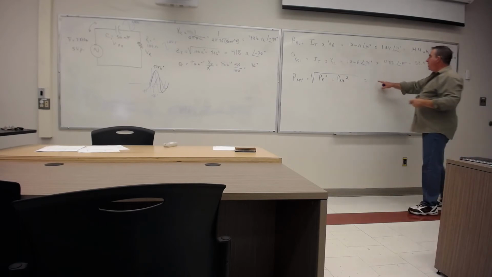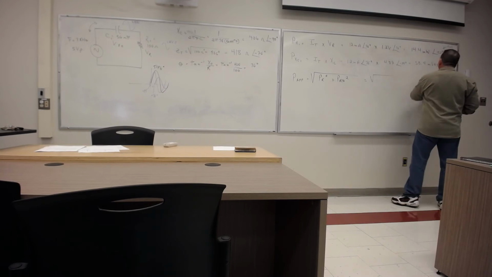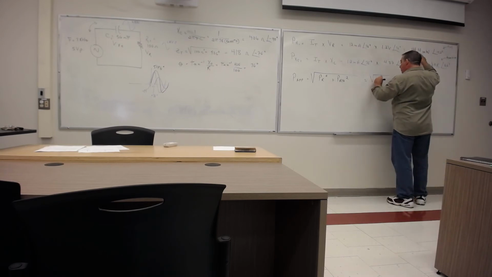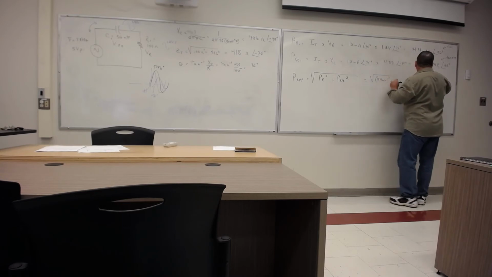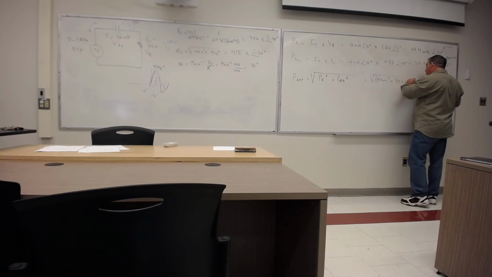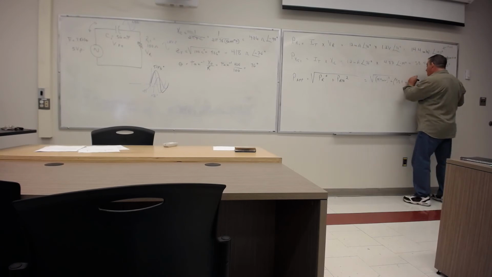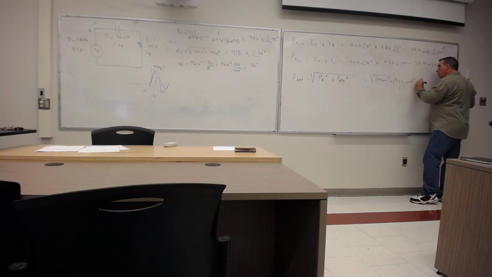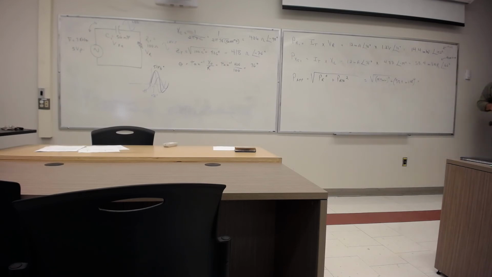So we take the root of this: 14.4 milliwatts, square that, plus 58.4 millivars, square that. Take the root, and that's going to give me apparent power. I don't really care what angle it's at. We can figure it out, but I don't care. It's going to be between that.